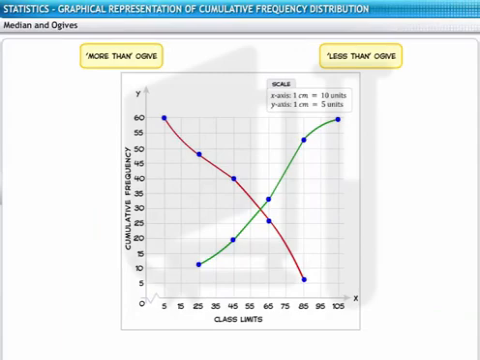The two ogives will intersect at a point. Draw a perpendicular to the x-axis from the point at which the two ogives intersect. The point where the perpendicular intersects the x-axis gives the median of the grouped data. Note that, by this method, the median of this grouped data is also approximately 59.